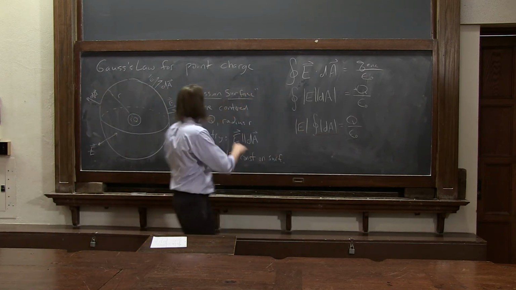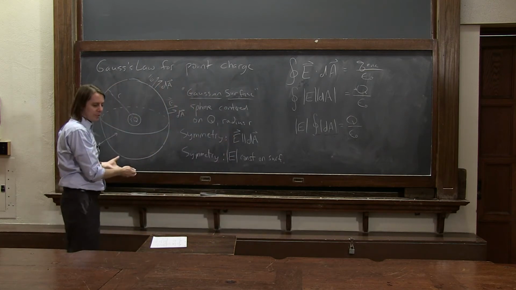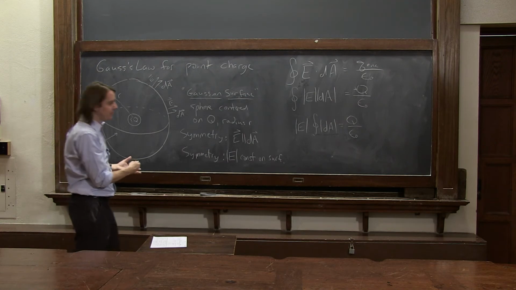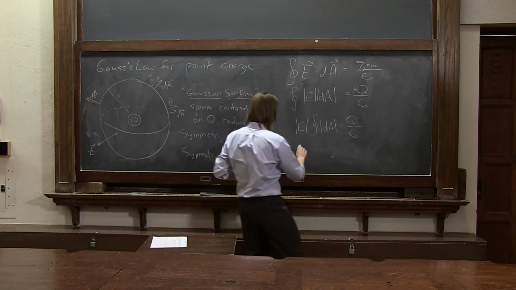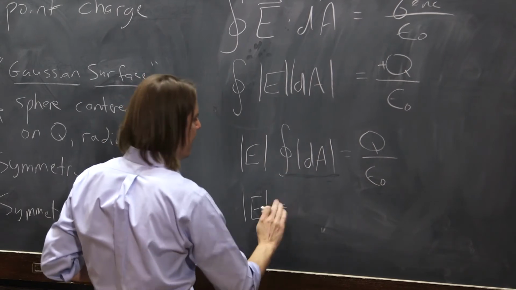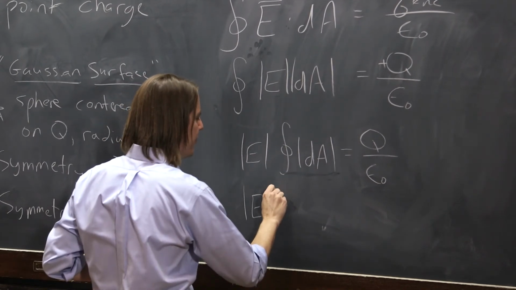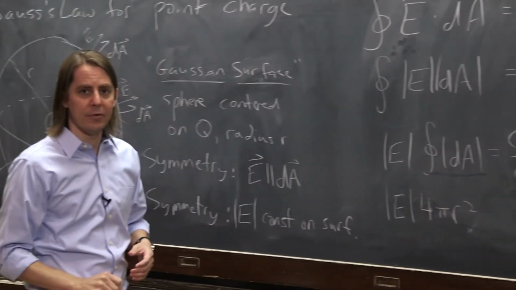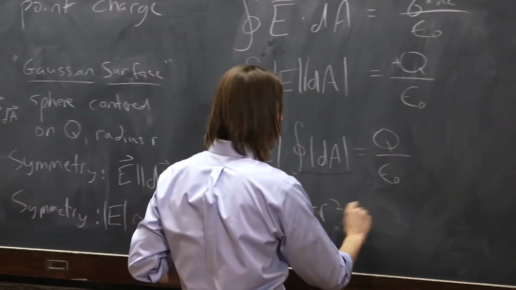It's just the integral of dA over a surface. You don't even have to write it in any fancy coordinates. It's just the area of a surface. Okay? So now we could write it like this. We could say the magnitude of E times the area of a surface of a sphere, 4 pi r squared is the area of a sphere, equals Q over epsilon naught.